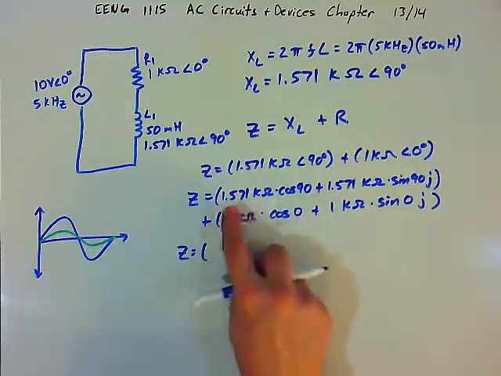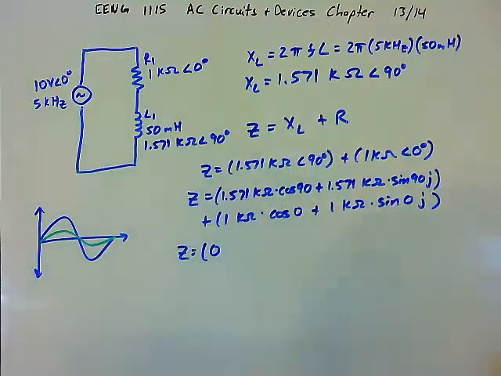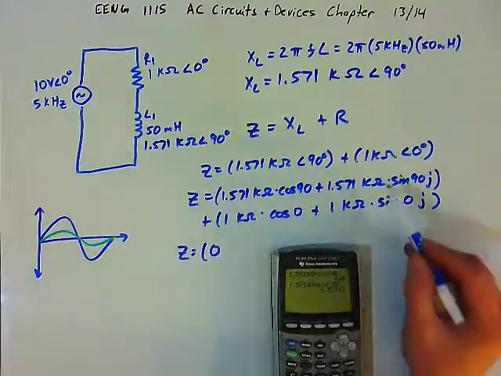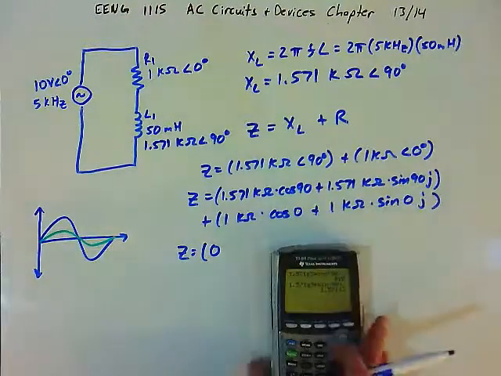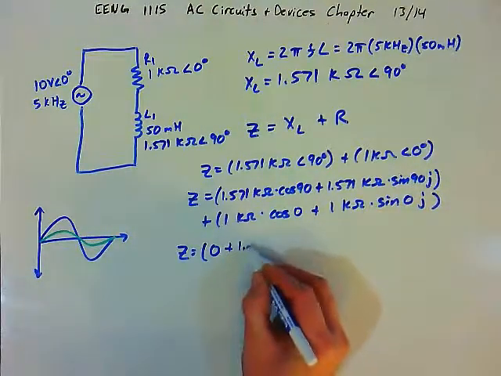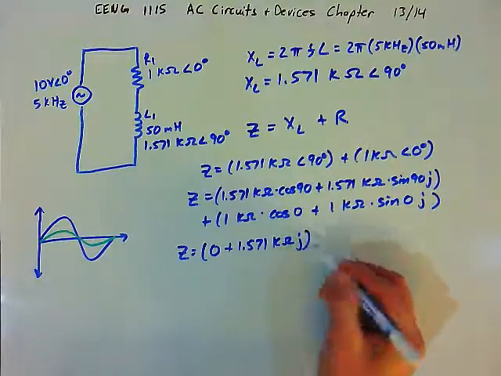So the x component of the inductive reactance is 0, and the y component is going to be 1.571 EE3 for kilo times the sine of 90 degrees, and I get 1.571 kilo. That's because the sine of 90 degrees is 1, and so we're just multiplying by 1 here. So the y component is going to be plus 1.571 kilo ohms, and again that is the J component of that vector.